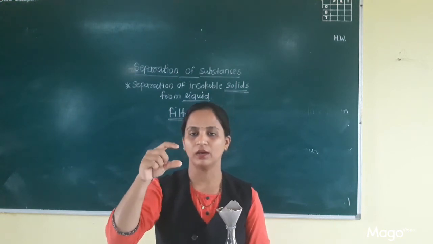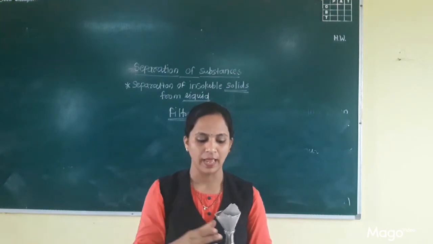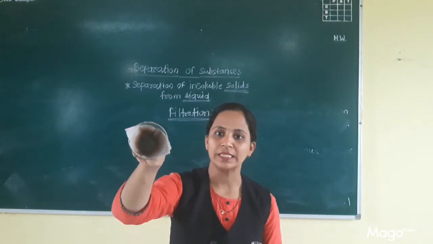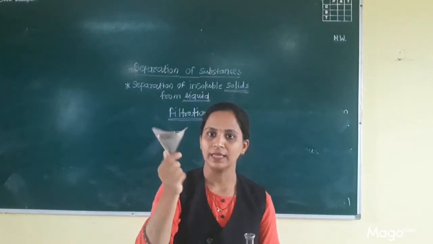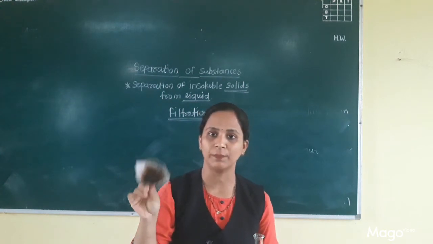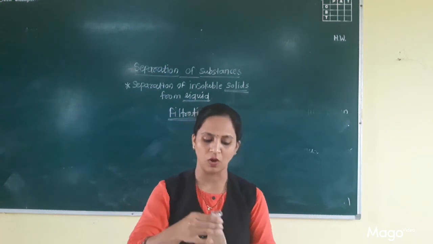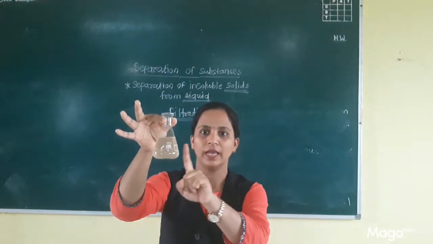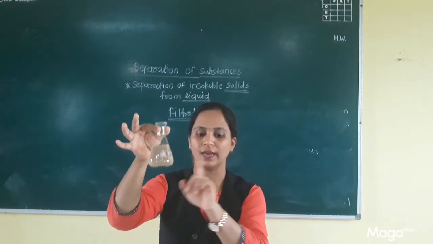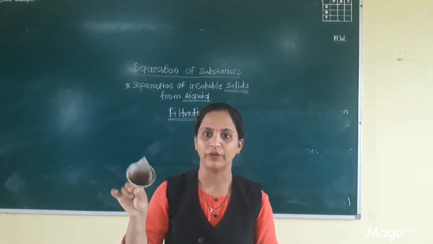The bottom layer which is formed by heavier insoluble particles is called sediment, and here whatever remains on the filter paper is called residue. So here sand is the residue. And the clear solution which we obtain after filtration is called filtrate. Okay students, so it is called filtrate.